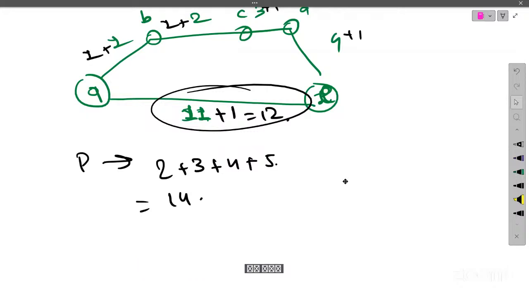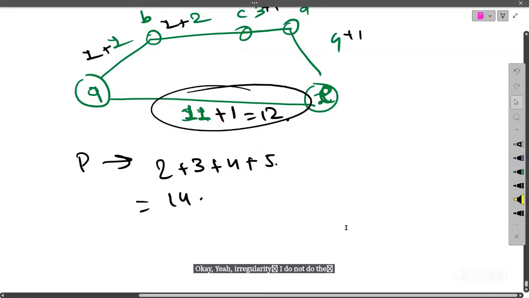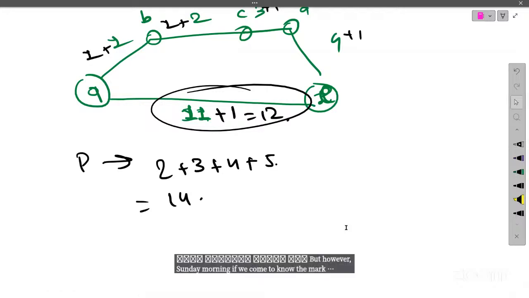Yes, ma'am, because if we see our answers and they are wrong, we'll know the correct steps. His point is correct. However, if we only come to know the solutions on Sunday morning after the exam is finished, what is the use? What is the use of writing the mock test? That is what I'm feeling. But however, we can't change it.